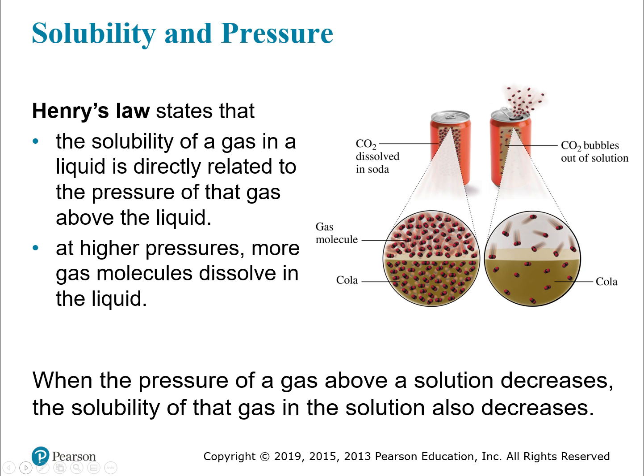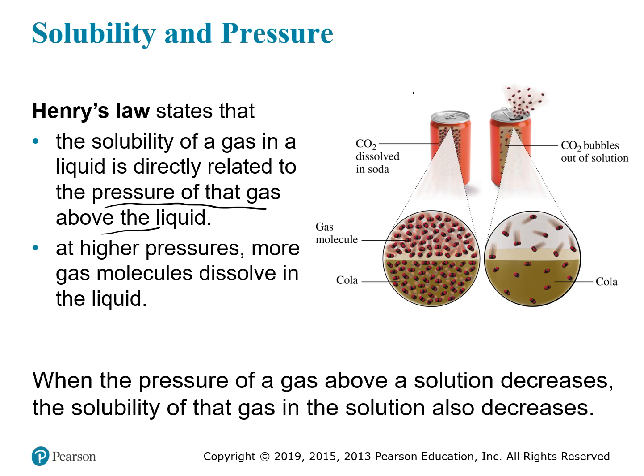Henry's law says that the solubility of a gas in a liquid is directly related to the pressure of that gas above the liquid. So before you open the can, the carbon dioxide is very soluble because you have a good amount of that gas hanging out above the liquid.